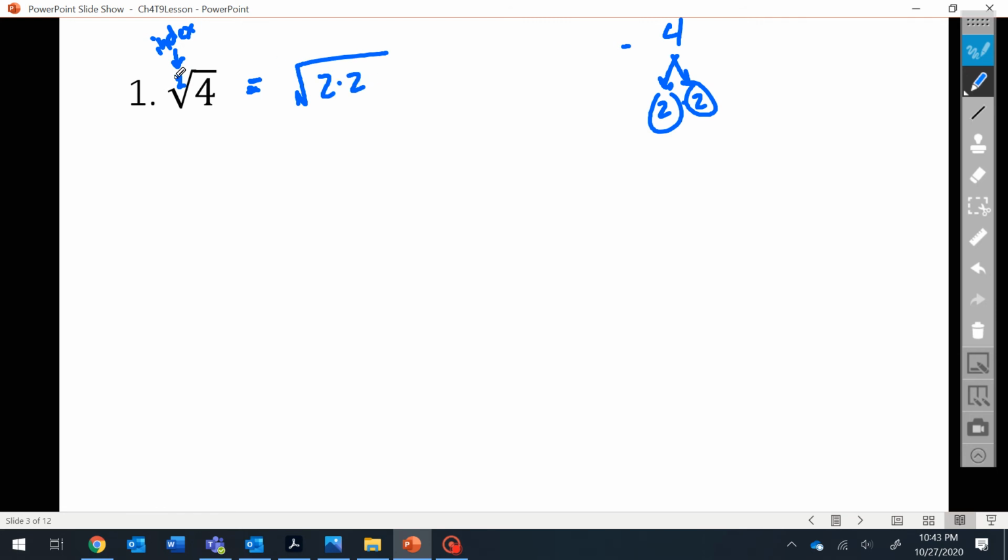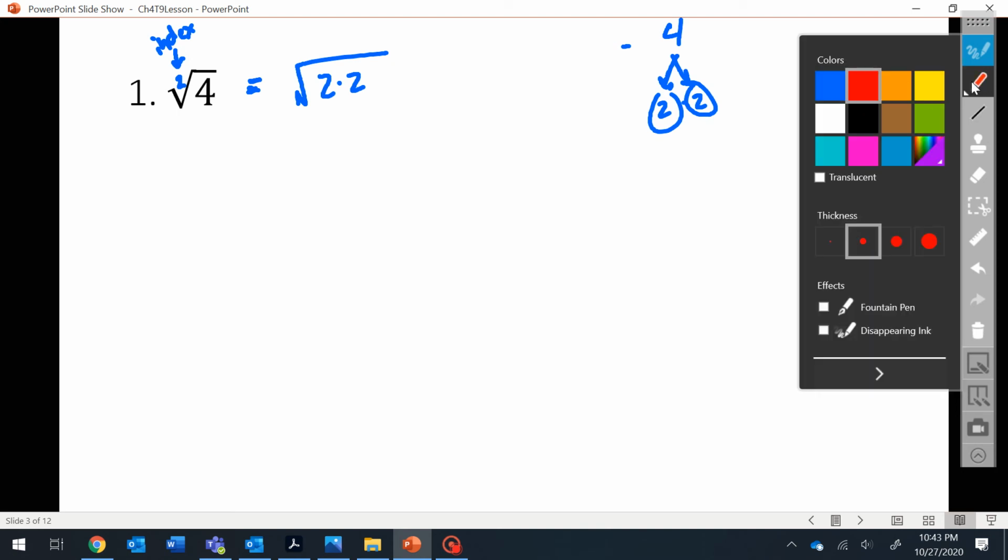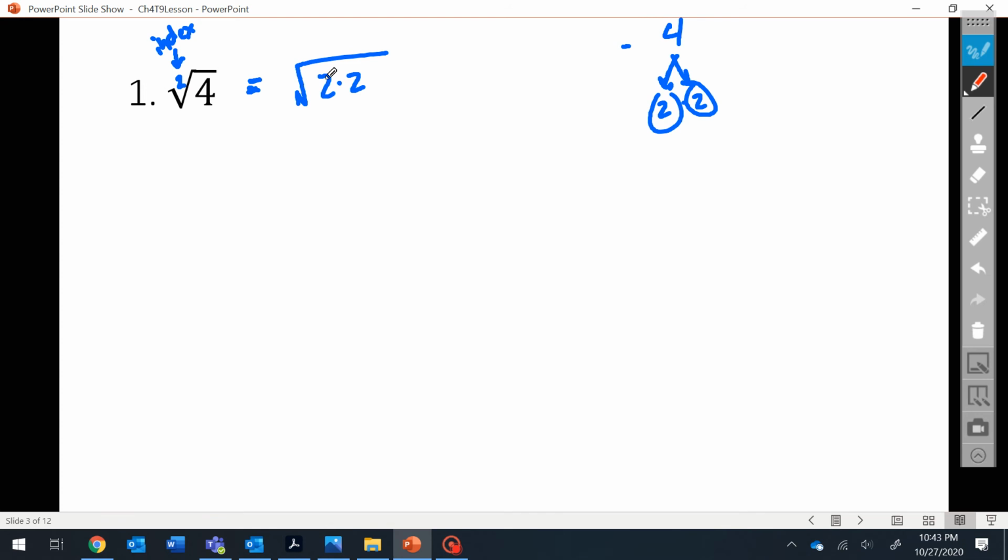Well, the index, being 2, tells us that we need two of a kind of the same number to take out of the radical. So we have two 2's here, which means those two 2's can come on the outside and create one 2. A pair on the inside creates one on the outside.